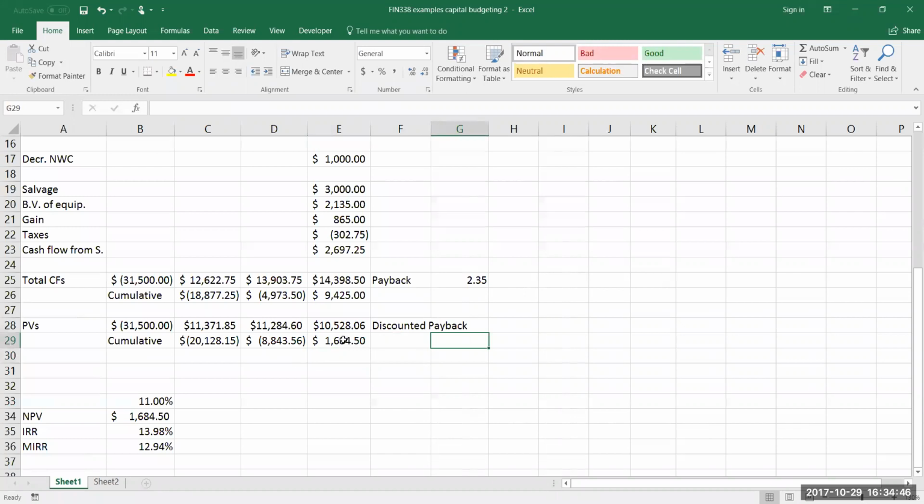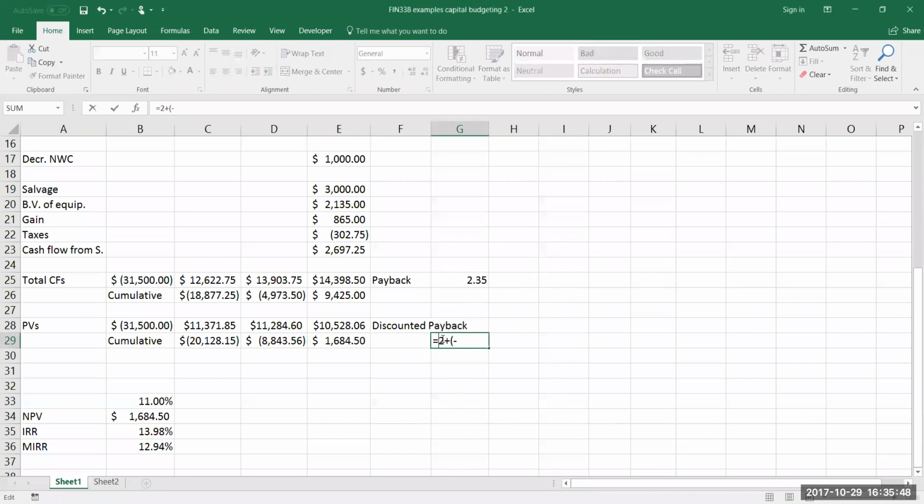So our discounted payback is going to be equal to 2 plus some portion of the third. Well, at the end of the second year, I still needed to earn nearly $9,000. I earned over $10,000. So in order to find the discounted payback, we're going to take negative of this to find the amount. Whoops. Helps if you have an equal sign.